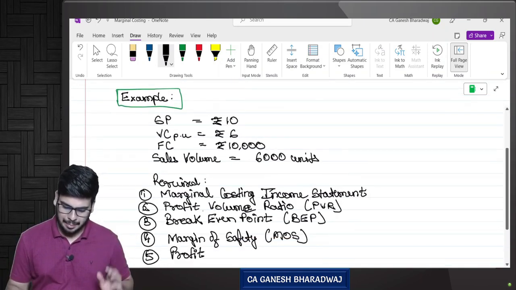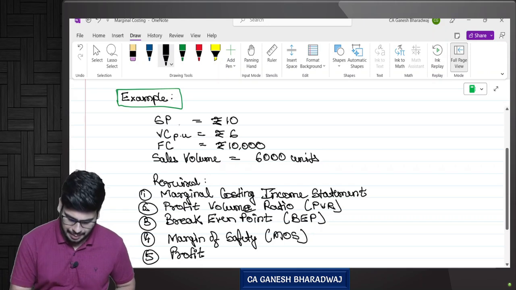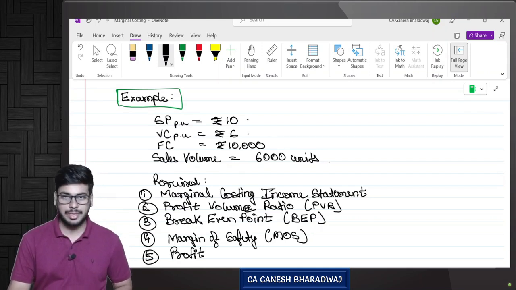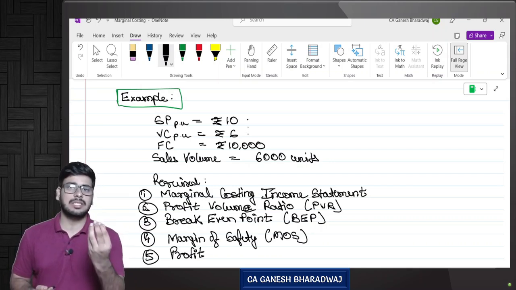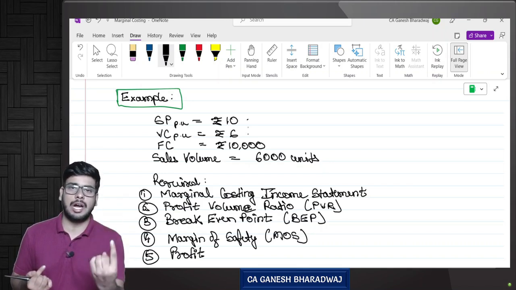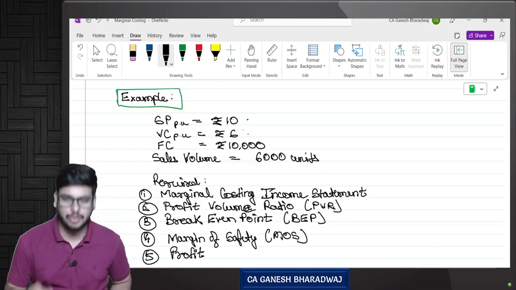So this is the example. Selling price, obviously selling price is per unit only, always. Selling price per unit is 10. Variable cost per unit is 6. Fixed cost is 10,000. Sales volume is 6,000. And we know that an example for variable cost is material cost or labor cost. So only if you produce one additional unit, you will be incurring this 6 rupees extra.